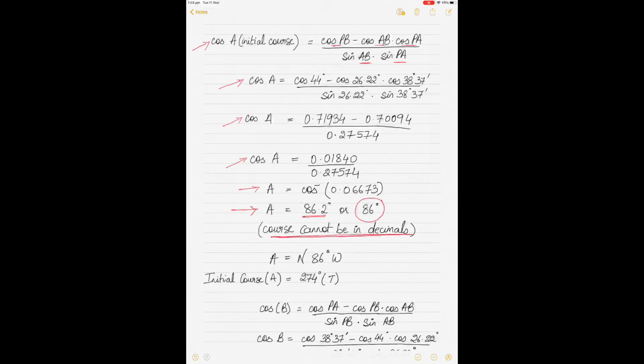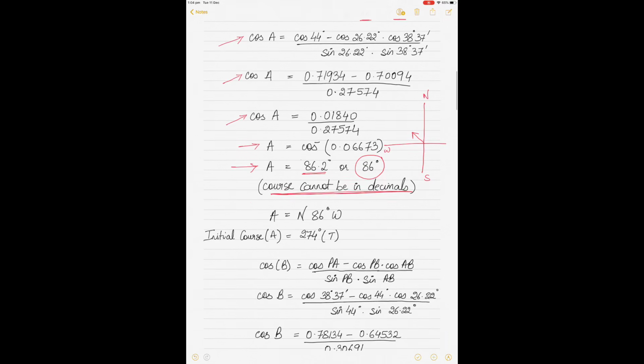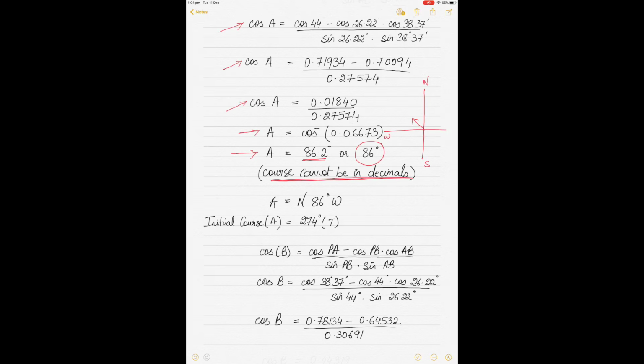Because it is less than 90, that means if this is north, west and south, the vessel, although it seems like it was going on a southwesterly component, because it's less than 90, it's still here in the northwest quadrant. It's like a curve. So initially the course will be northwesterly because the value is less than 90. That's why I have written A as north 86 degrees west, which equals 274 degrees true.